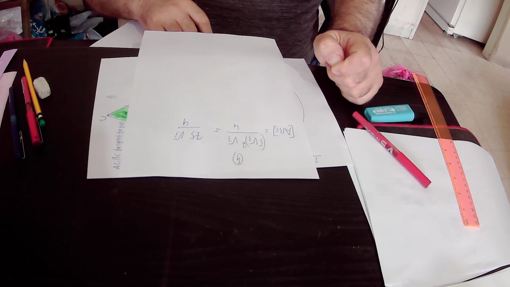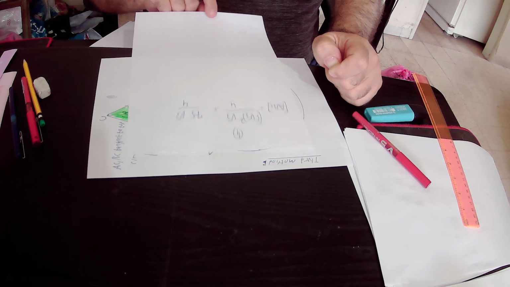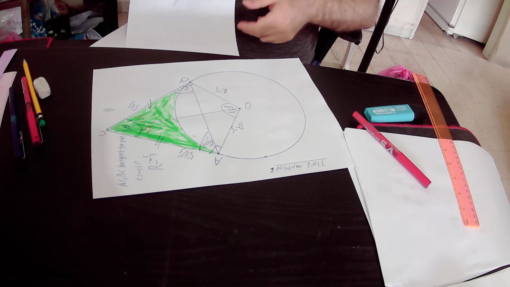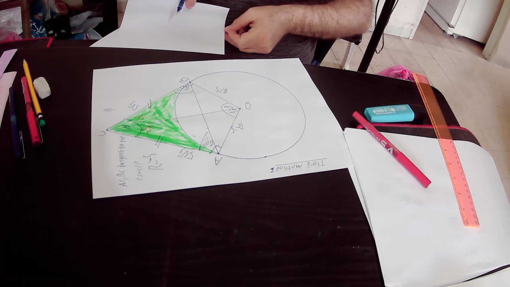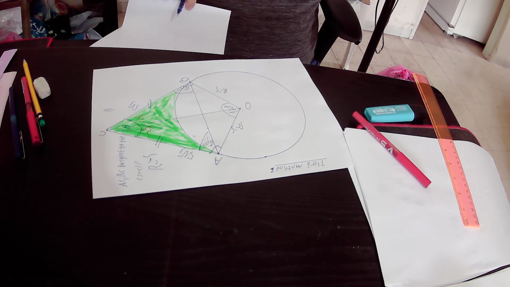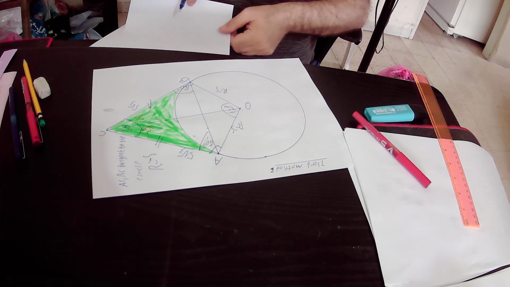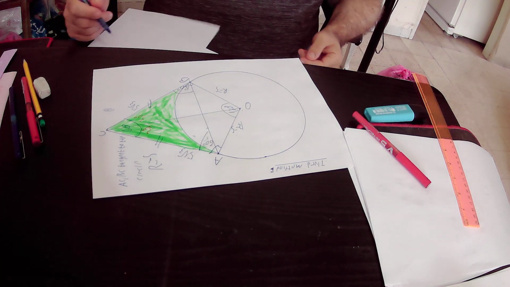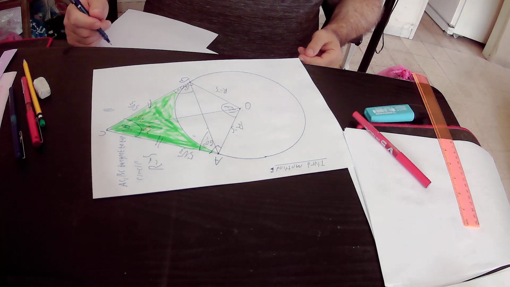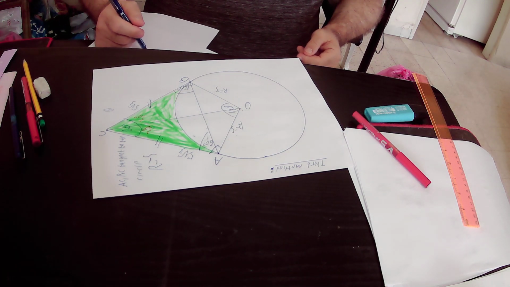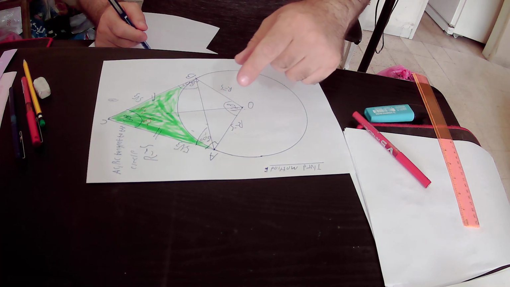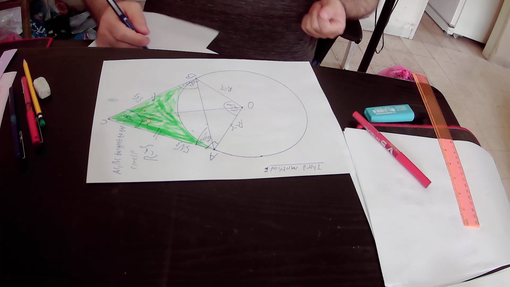And we know that the area of the green shape equals the area of triangle ABC minus the area of the circular segment AB.